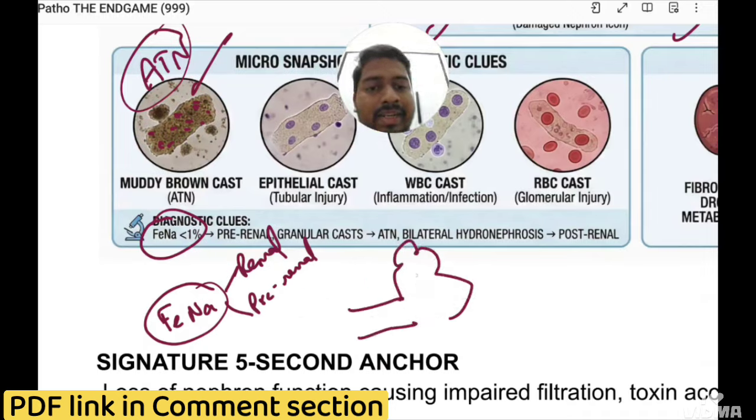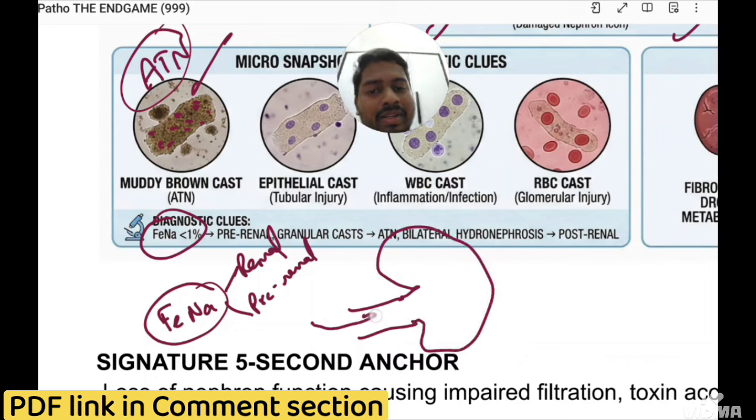In pre-renal, as I told you, if this is the renal blood vessel and this is the kidney, the blood volume coming into the kidney itself is less. So the body's compensatory mechanism is to preserve as much sodium as possible, because the more sodium the body preserves, the more will be the blood volume. Blood volume is directly proportional to how much sodium content is there. So sodium retention means blood volume retention. So if the body tries to preserve more sodium, then more blood volume will also be preserved.